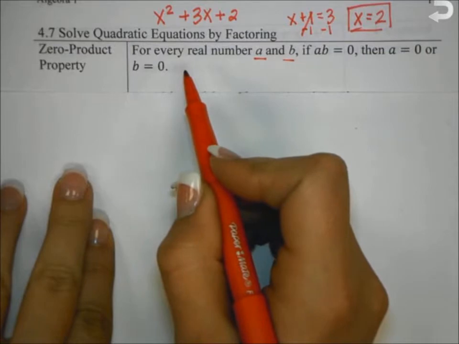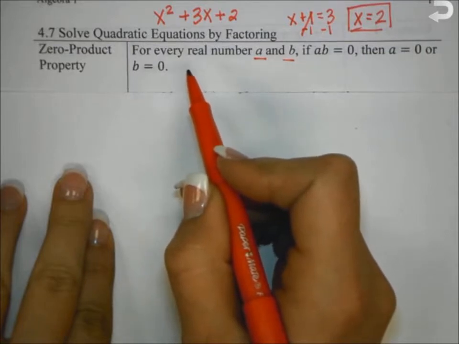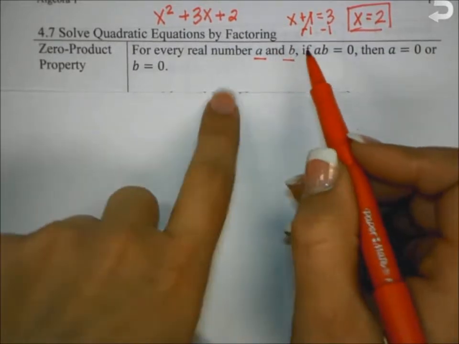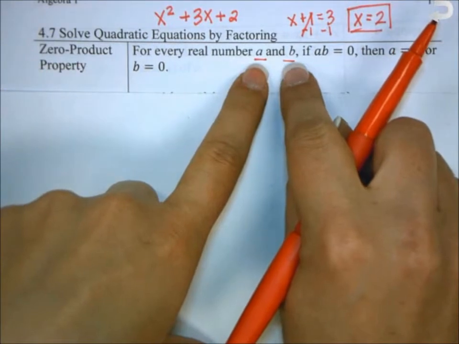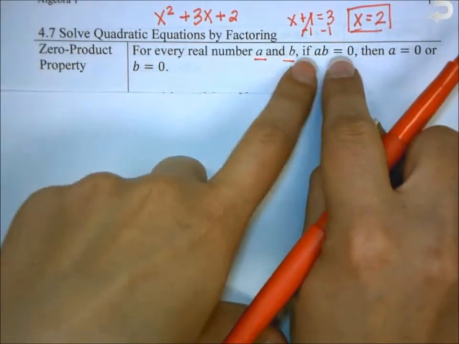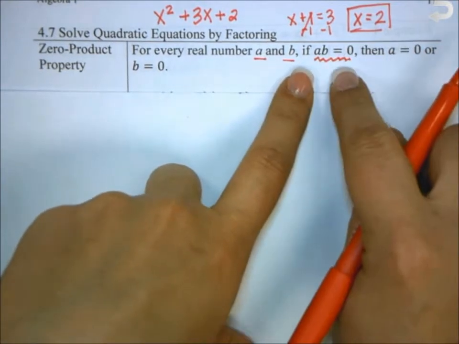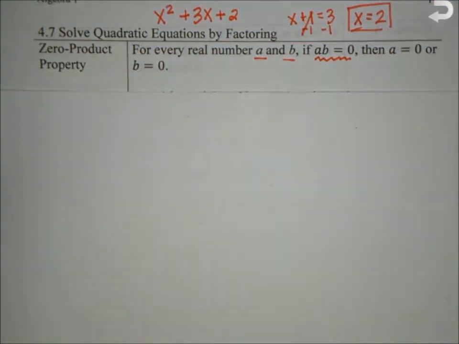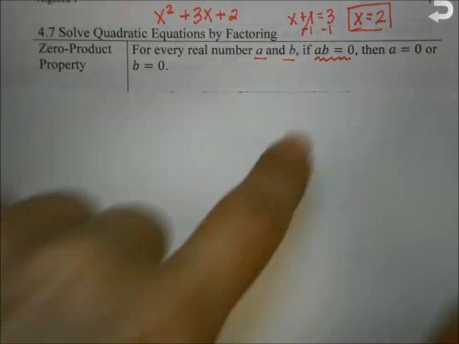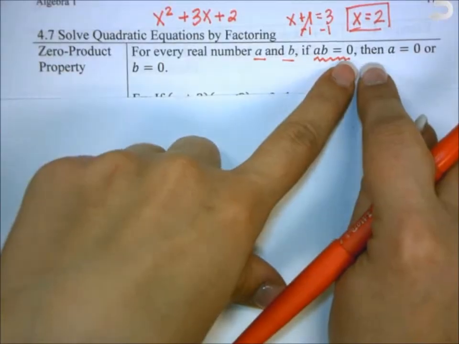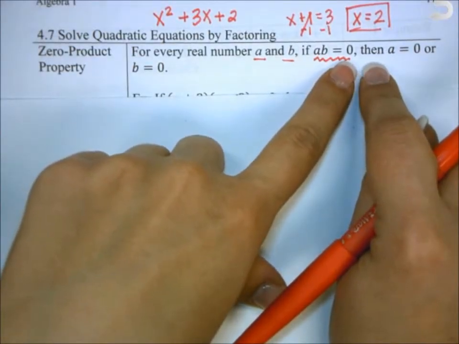Doesn't that make sense? Wait, can you explain that again? Okay. If we have two numbers, A and B, and we are multiplying them together, so A times B, and I tell you that when I multiply those numbers together, it equals 0, what does that tell you? That tells you that one of them is 0, right?